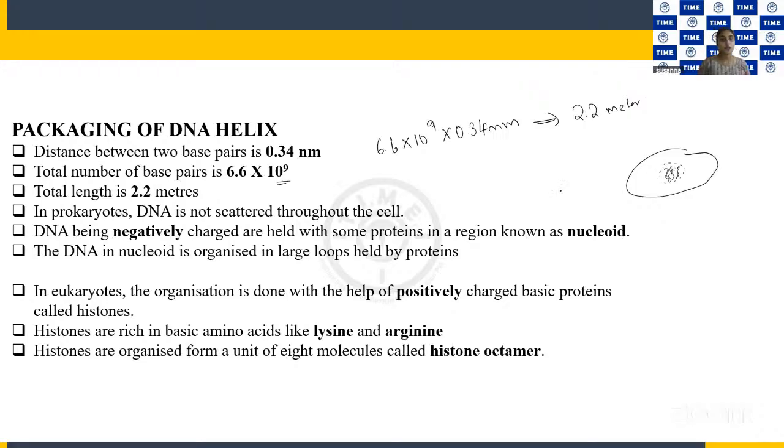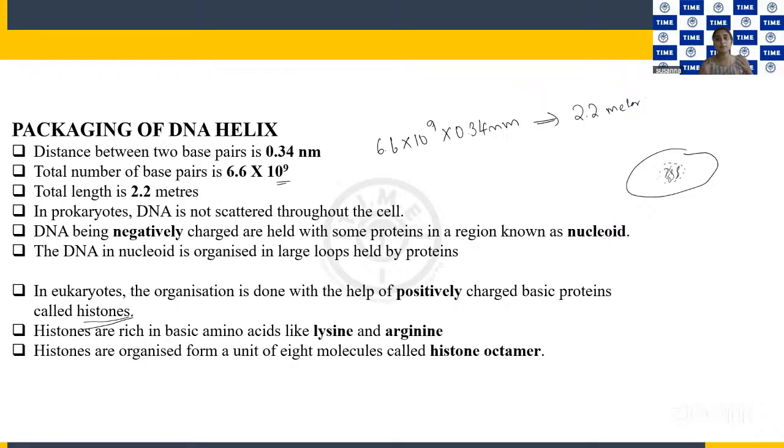Now if you take the case of eukaryotes, how is this packaging done? It is with the help of positively charged basic proteins. We told that our DNA is negatively charged, so DNA will be linked to positively charged basic proteins called histones.